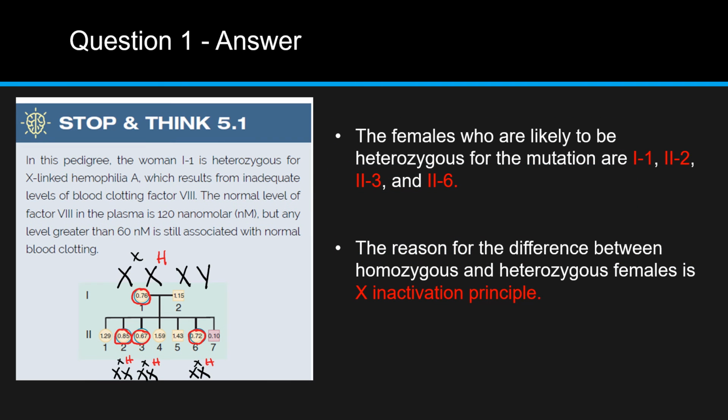So to answer these questions, the females who are likely to be heterozygous for the mutation, as we said before, will be: number 1 from generation 1, put in red, from generation 2 number 2, from generation 3, from generation 2 number 3, and also from generation 2 number 6.